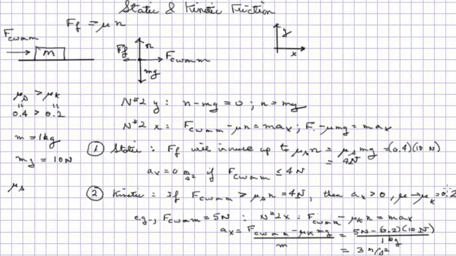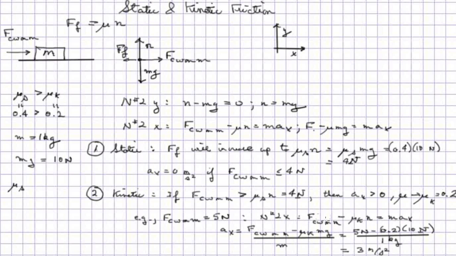This is a fairly good modeling of what happens in real life. So, for example, let's say that CW was exerting a 5 newton force to the right on little m. Our Newton number 2 would be the same, but with mu sub k used for mu instead of mu sub s, because we've exceeded the maximum static frictional force.